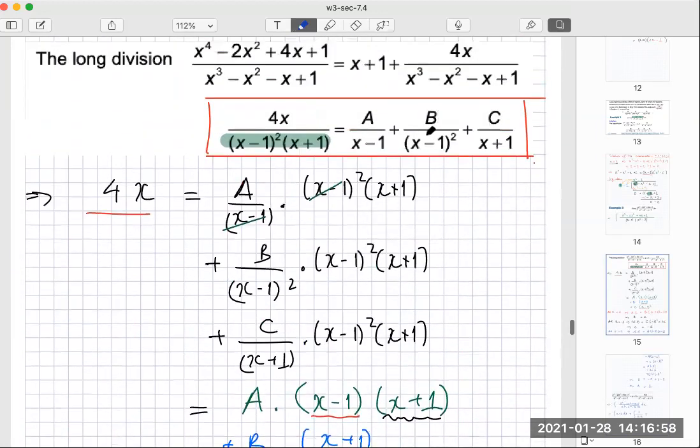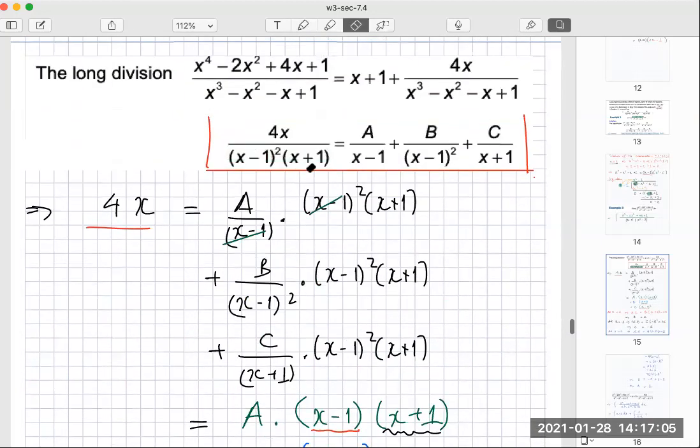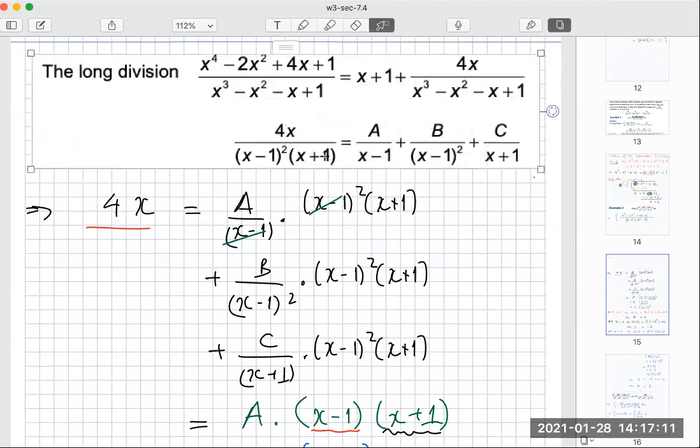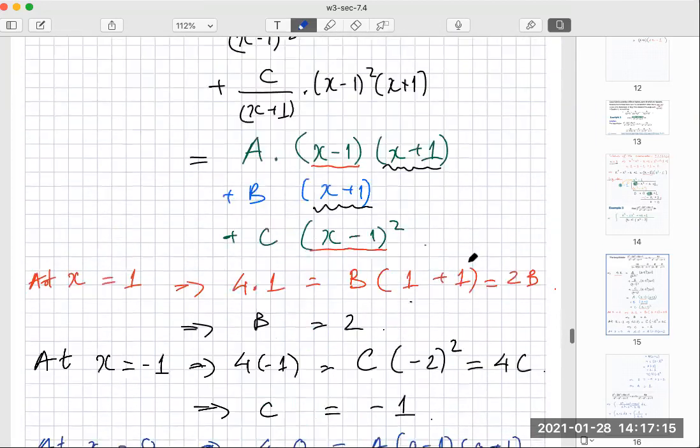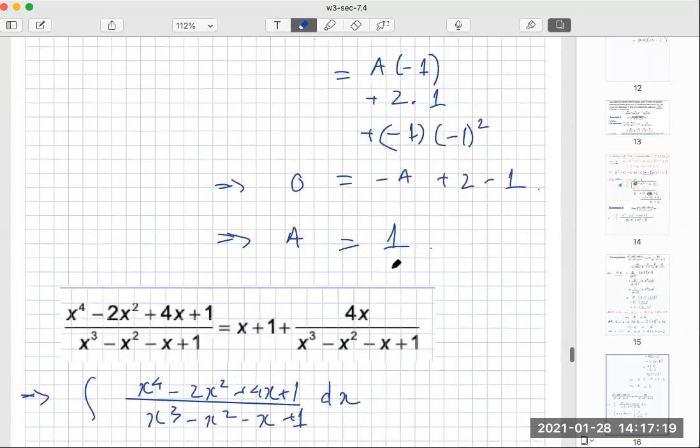Here, B divided by x minus 1 squared. We copy these faster. B over x minus 1 squared, and B is what is it? 2. Okay.